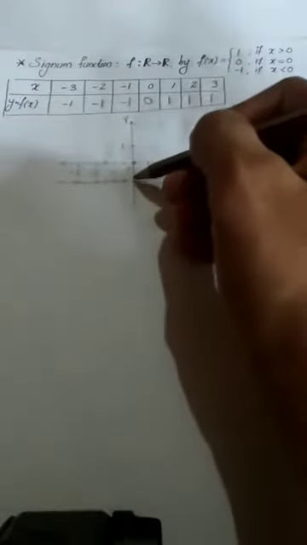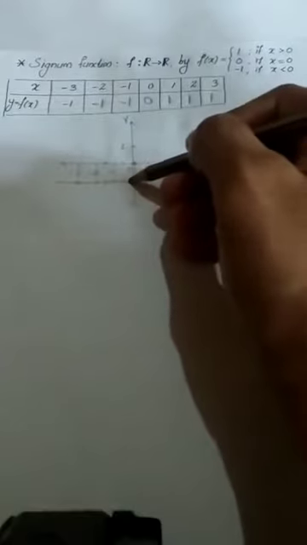If x equals 0, f of x is not minus 1. So we are just writing like this, and here we have a shaded bubble.